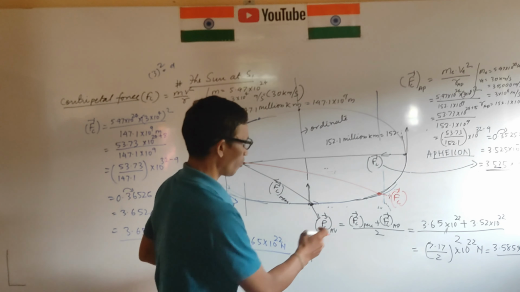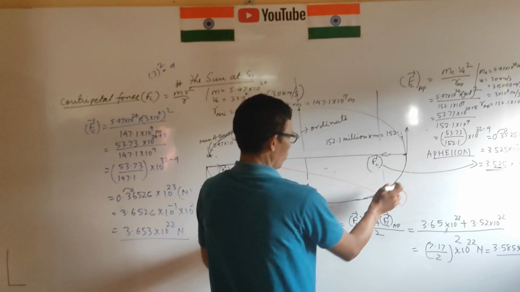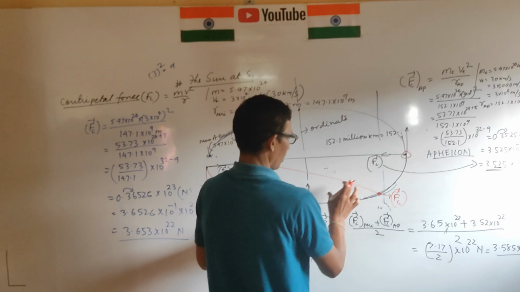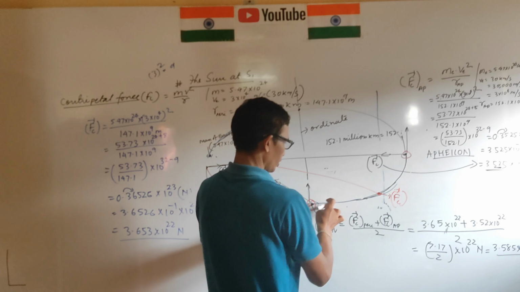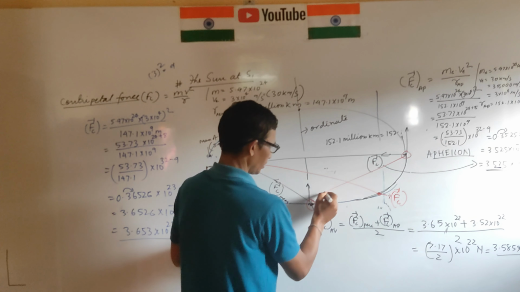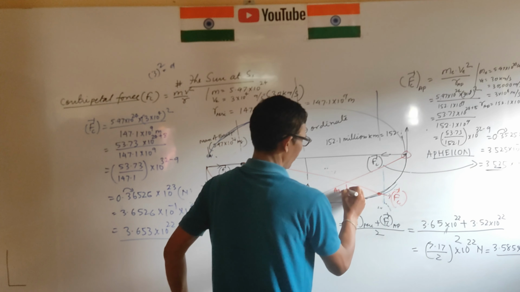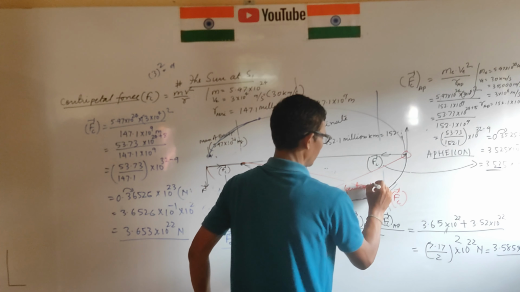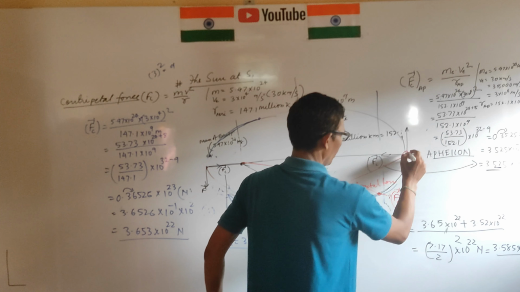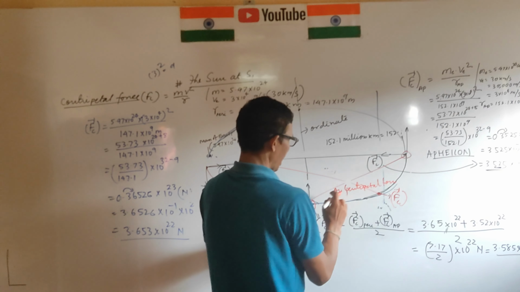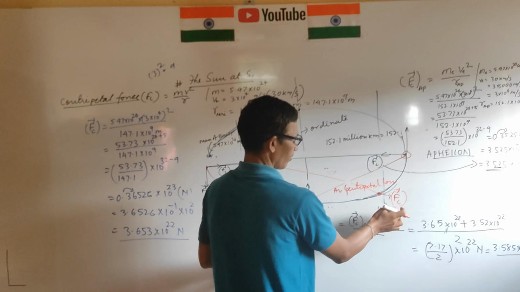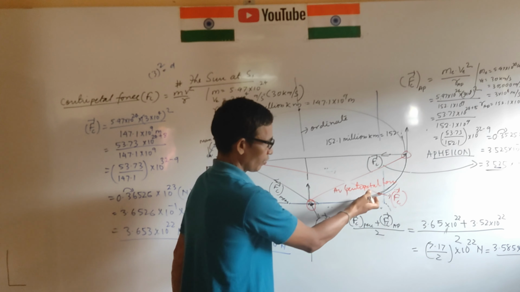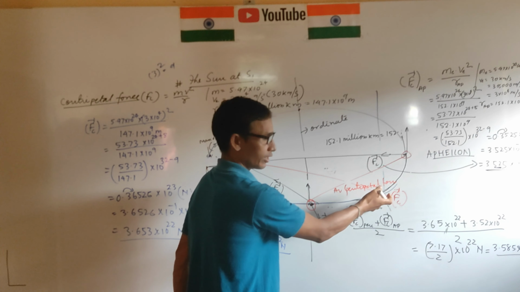Here, when the average force between these regions, the average centripetal force between this point and this point, we add this one and divide by 2, then we get the average centripetal force at this point.